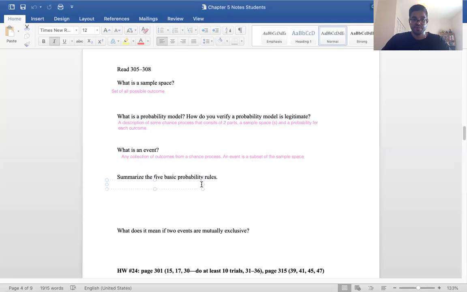Here I'm going to give you some basic probability rules. So number 1, probabilities are always between 0 and 1. Number 2, all probabilities sum to 1.